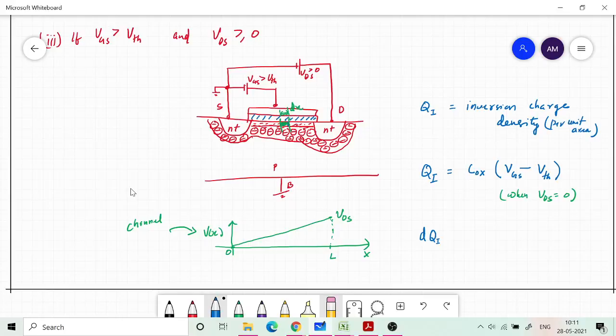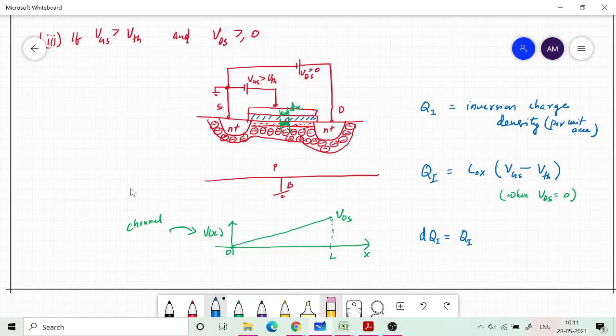So that is going to be the inversion charge qi into dx. But before that I want to bring in the effect of VDS.